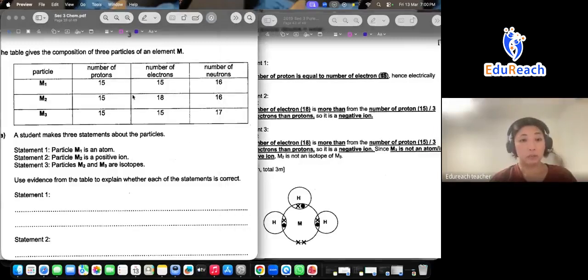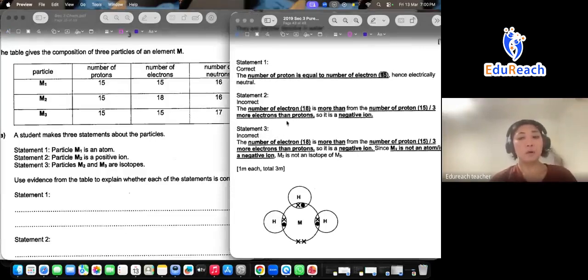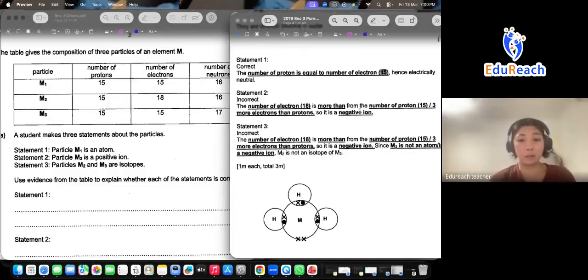Can you tell me if M2 has more protons than electrons? No. M2 has 15 protons and 18 electrons, right? So it's incorrect. The number of electrons, 18, is more than the number of protons. It has 3 more electrons than protons, so it is not a positive ion, it's a negative ion.